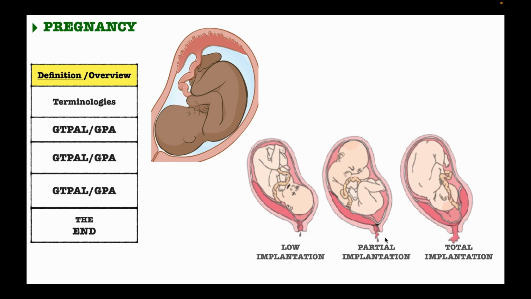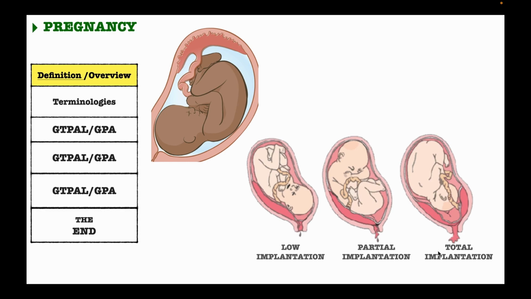Now, we also have partial implantation, whereby the placenta partially occludes the internal cervical os, as you can find over here. Then we have total implantation, or total occlusion of the internal cervical os by the placenta, and so this is what we call total implantation. These form the various types of placenta previa that we have.